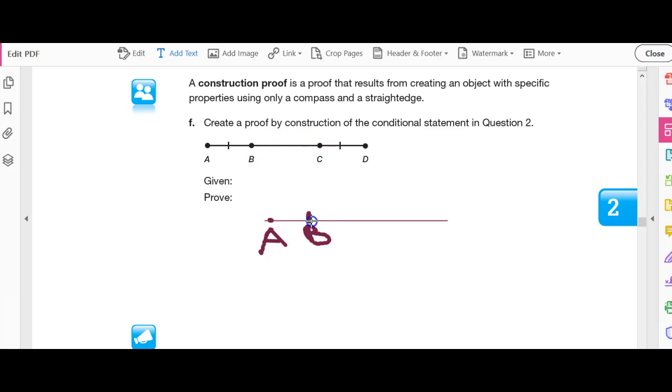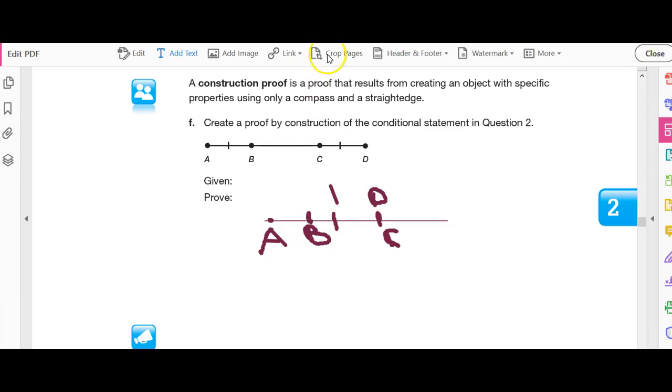So then I would go ahead and set my radius for BC and mark BC here, right? Oops. And then I could do the same thing, only this time I would probably go this direction. I'd call this D, right? And I would measure this, and I'd mark, oh, here's C, right? And this could be B.